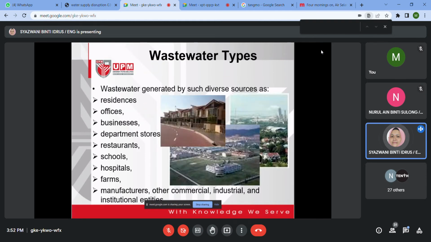Okay, so these are the types of wastewater generated. So in this course, we are not only focusing on the wastewater produced from the residential area, but we are also looking forward to advanced treatment methods that can be used to treat the wastewater produced from the hospital, the wastewater produced from other types of premises, including farms.